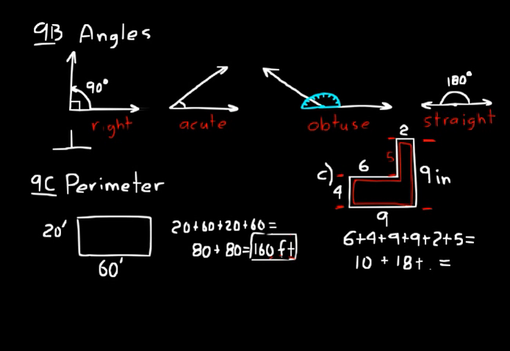Now I can do 10 and 18, that's 28. Plus 7 is equal to 35. Now remember, that's half the answer. The other half is the units, and the units are inches. So the perimeter of that object is 35 inches.